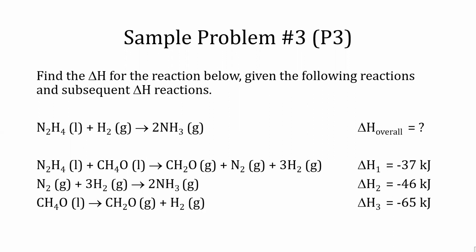Delta H1 equals negative 37 kJ. N2 plus 3H2 forms 2NH3. Delta H2 equals negative 46 kJ. CH4O forms CH2O plus H2. Delta H3 equals negative 65 kJ.